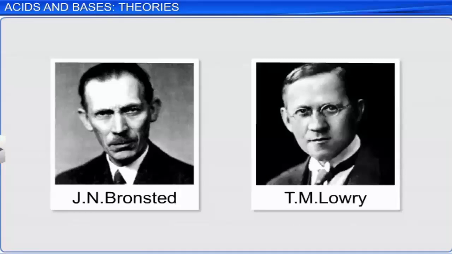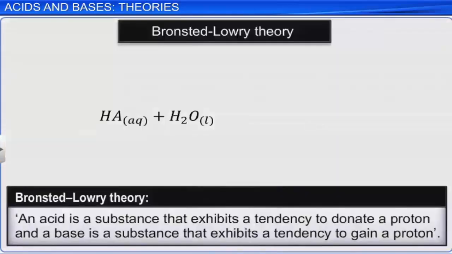According to the Bronsted-Lowry theory, an acid is a substance that exhibits a tendency to donate a proton, and a base is a substance that exhibits a tendency to gain a proton. In other words, proton donors are acids and proton acceptors are bases.